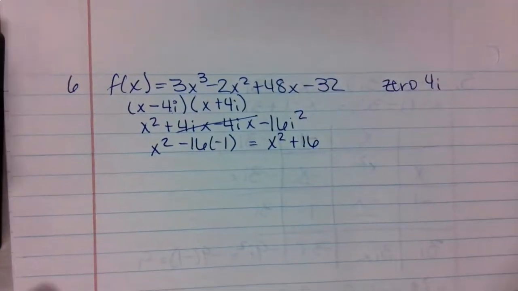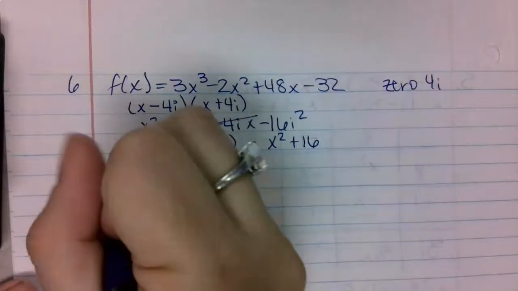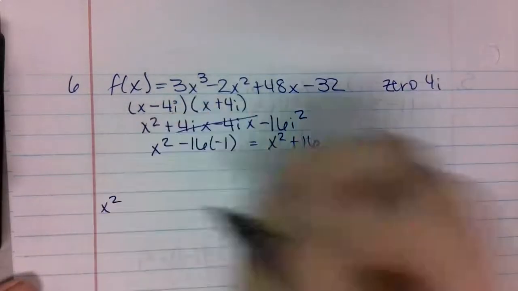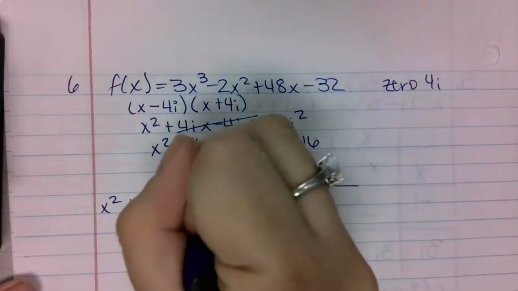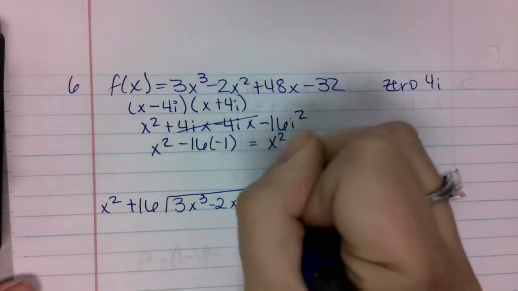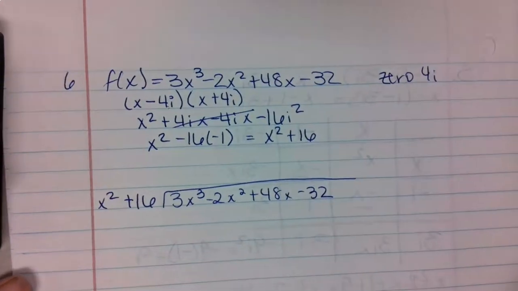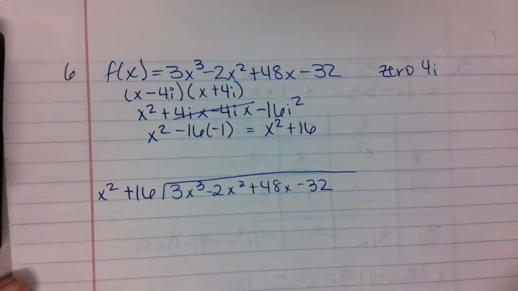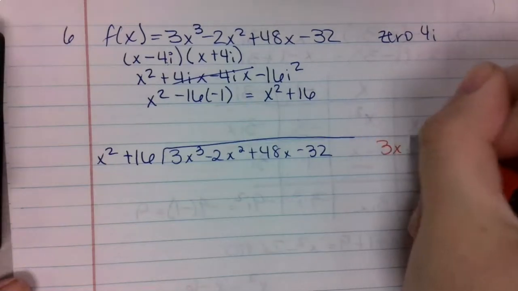So I'm going to go ahead and use long division to simplify this. Then I'm looking for what I need to multiply x squared by to turn it into 3x cubed. This is a 3x.